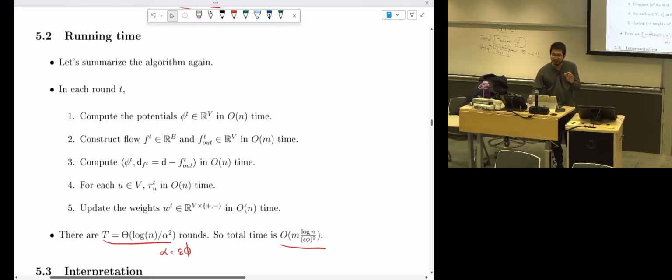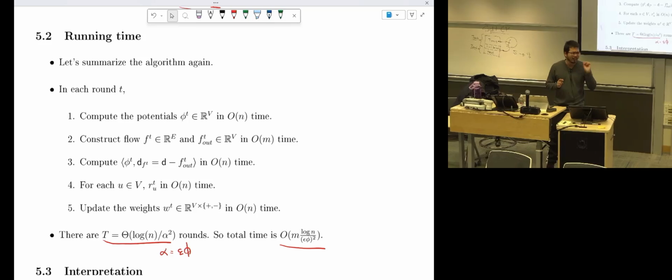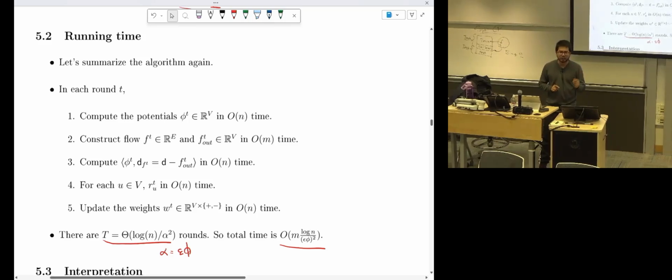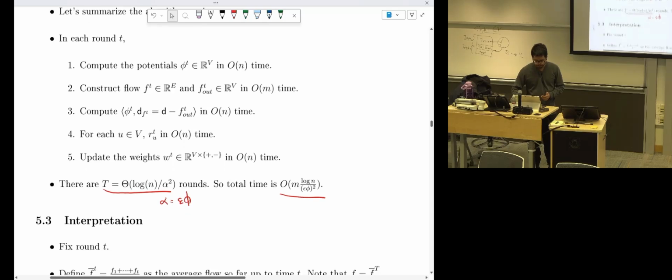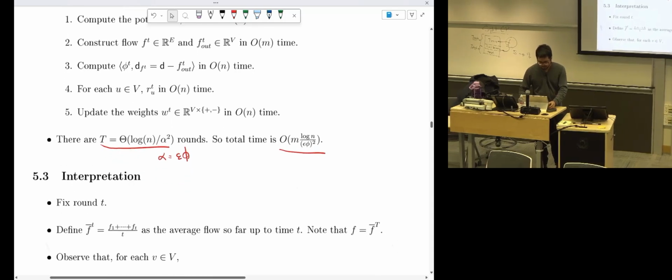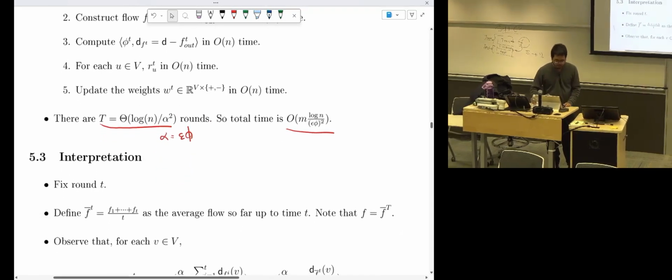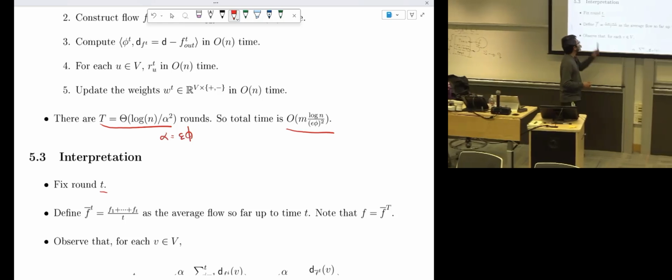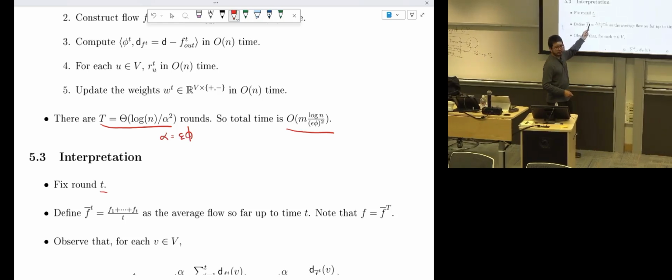But before that, let's see why it's actually super intuitive. This is a fairly intuitive algorithm. So what is going on? Fix some round t, and let f bar t be the average flow so far, up to time t.